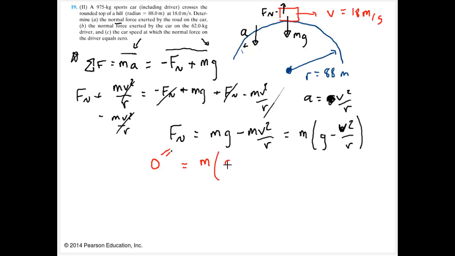So mass times gravity minus v squared divided by r. I'm going to divide both sides by mass. 0 divided by anything is 0, so I'm still left with 0 here. I'm going to add v squared divided by r to both sides.